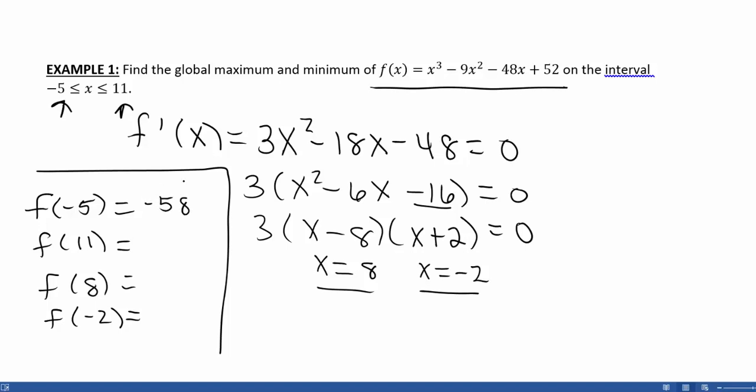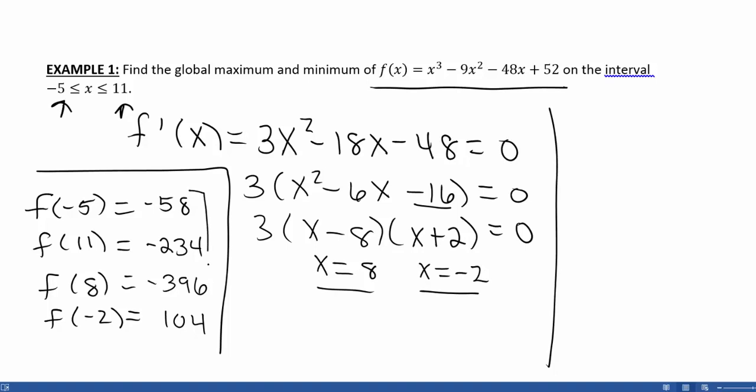When I plug 11 into my original function, I get -234. When I plug in 8 into my original function, I get -396. And when I plug in a -2, I get +104. So these are the values that I'm comparing. And I'm thinking about them on a number line, which one's going to be the highest and which one's going to be the lowest.